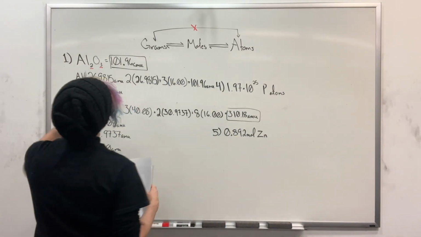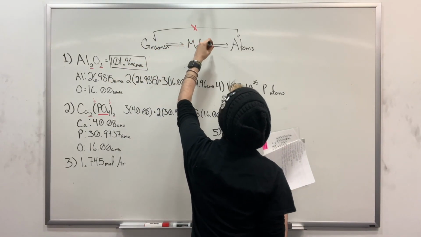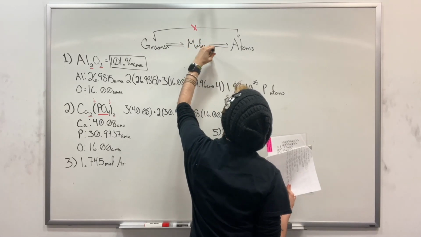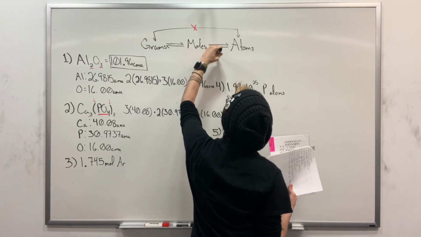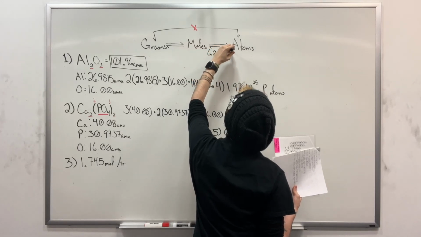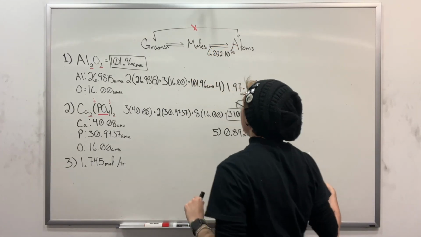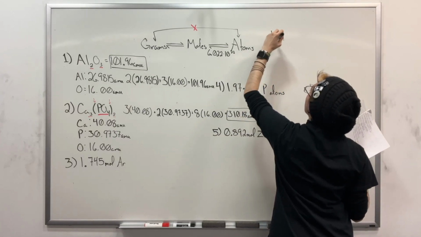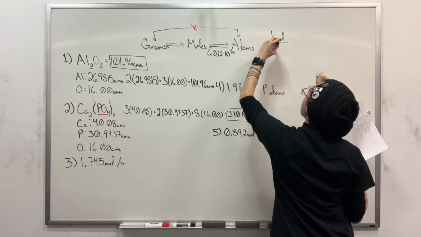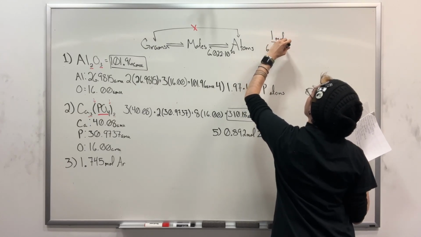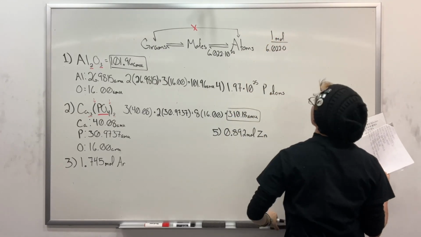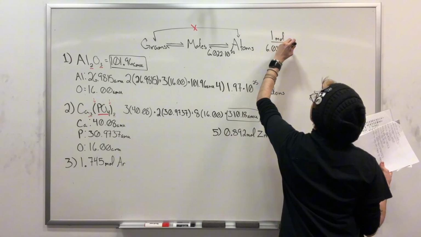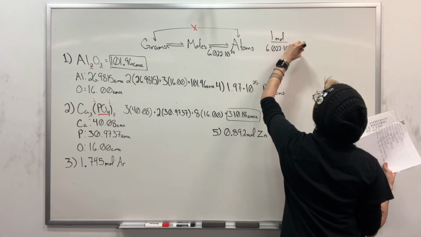So if 1 mole is equal to 6.022 times 10 to the 23rd, then we can say that in fraction form, 1 mole per every 6.022 times 10 to the 23rd atoms.